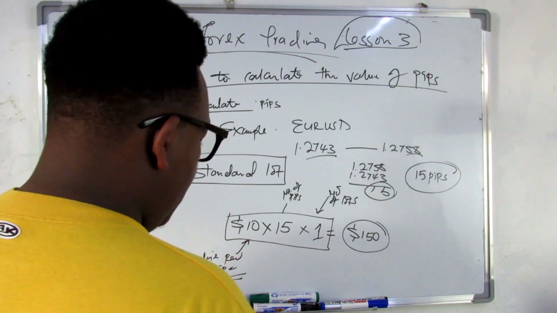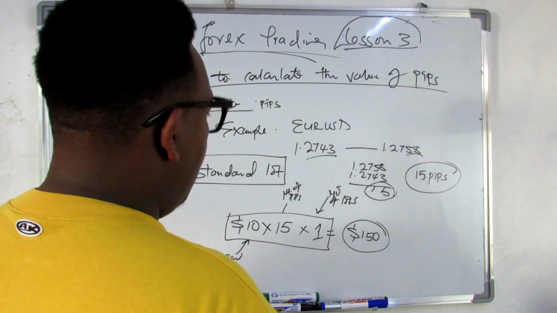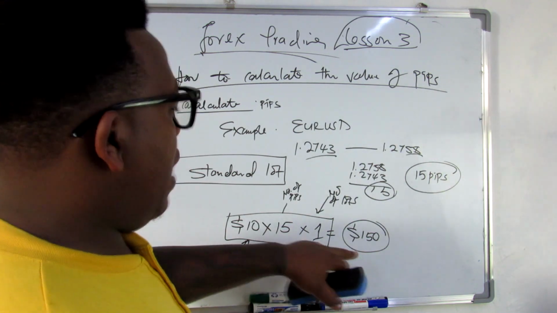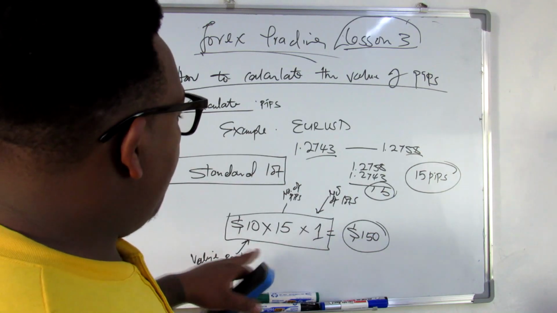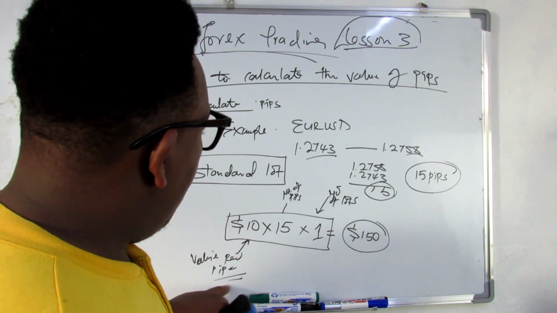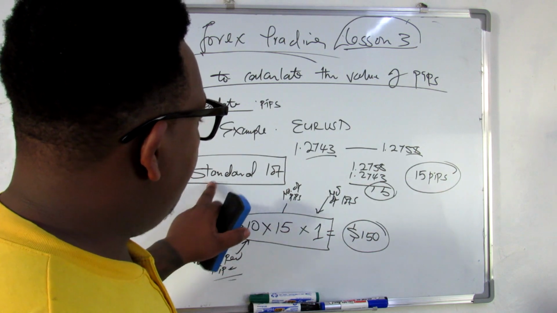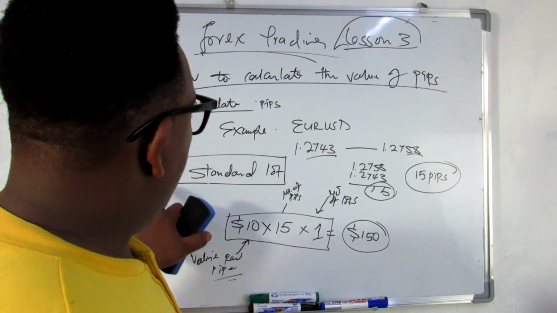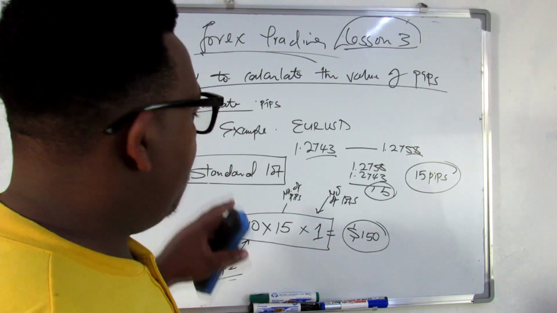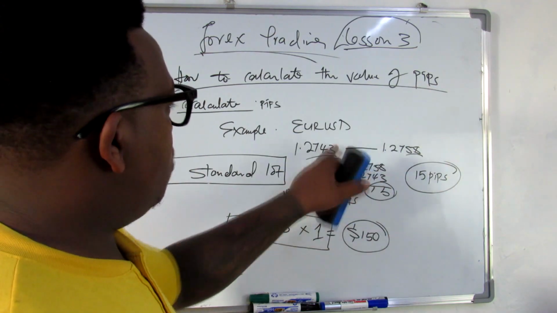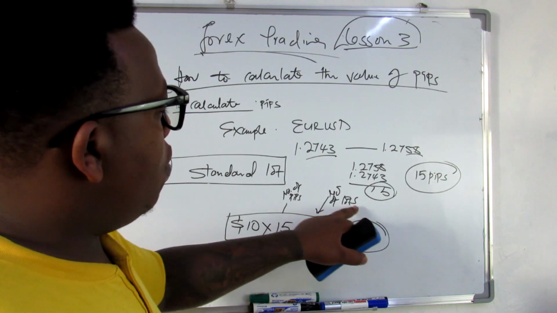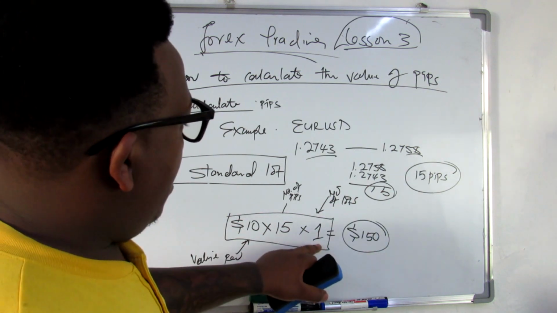Every time you want to calculate how much money you're going to make by trading a particular setup, all you need to do is multiply the value per pip, that is, if you're trading a standard lot you multiply by 10, the number of pips, and the number of lots that you have already traded.